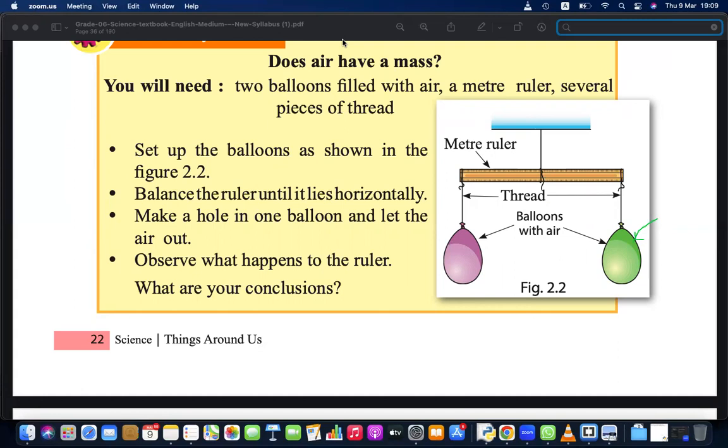So what can you expect? If there is a hole in one balloon, what will happen? Balloon එකක සිදුරක් තිබ්බොත් මොනවා වෙයිද?